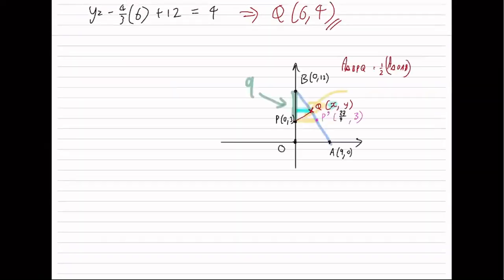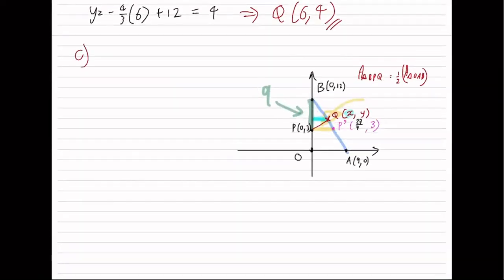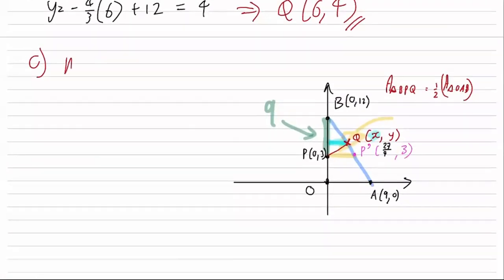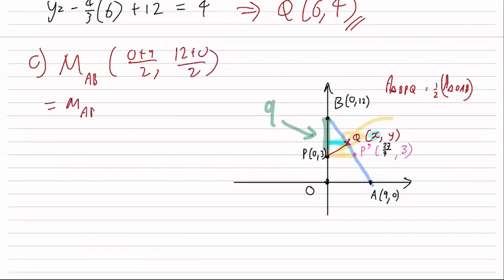Part C, find the equation of the perpendicular bisector of AB. So the midpoint of AB, we take the average. So (0 plus 9) over 2, (12 plus 0) over 2. And you end up with the midpoint of AB being (4.5, 6).